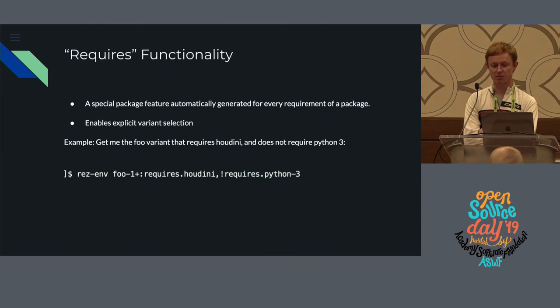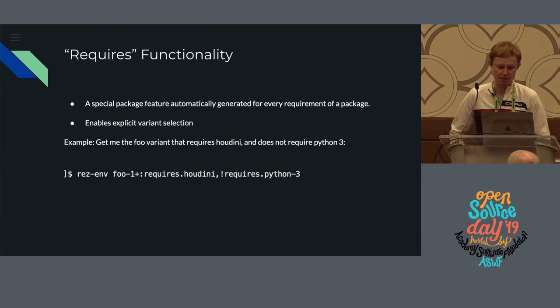So the way that we can solve that, which is kind of neat, is to consider all the requirements of a package as being features unto themselves. And because now we can actually request package features, we now have a way to say explicitly, well, I want a version of foo in this example shown here that actually requires Houdini. And so now you've struck that down to only be able to select those variants that match that request.